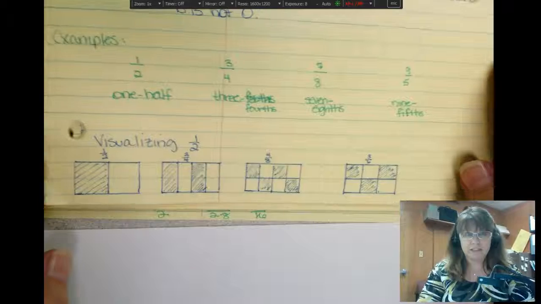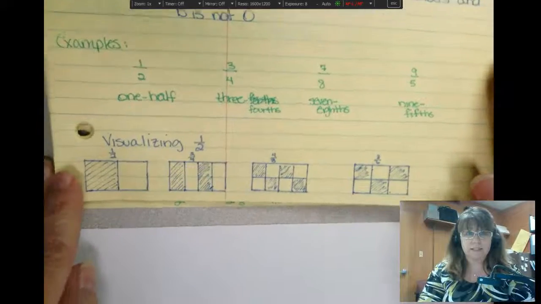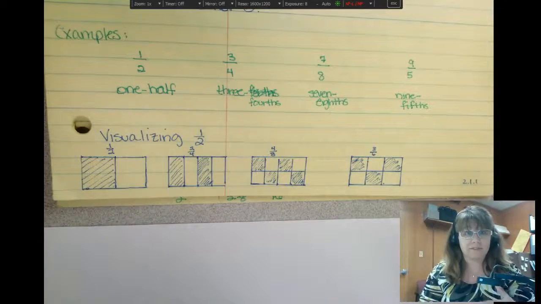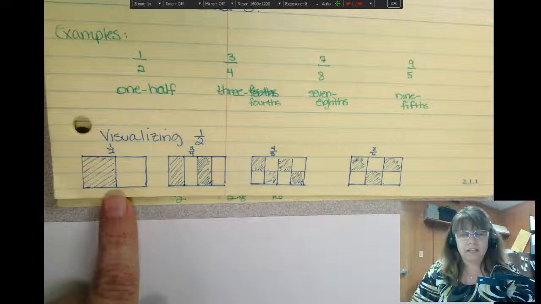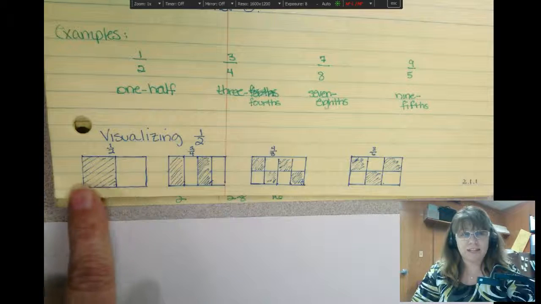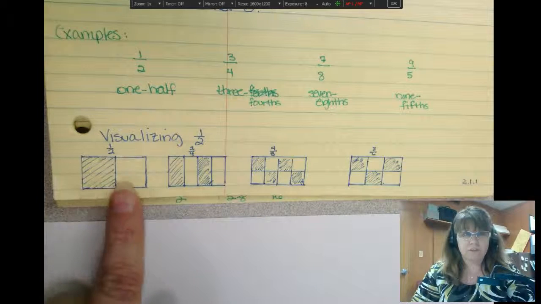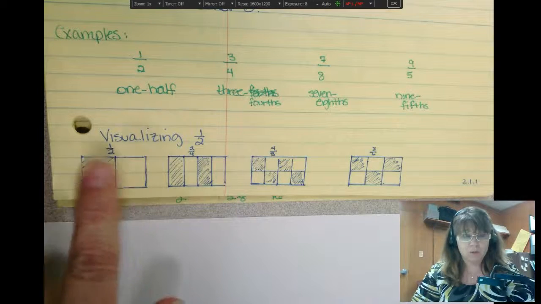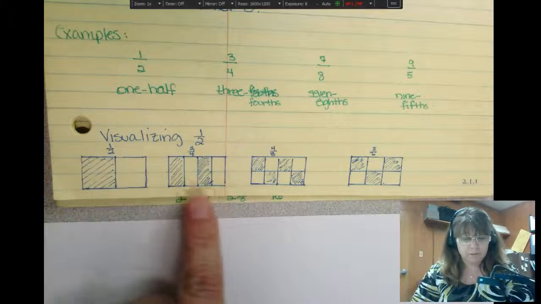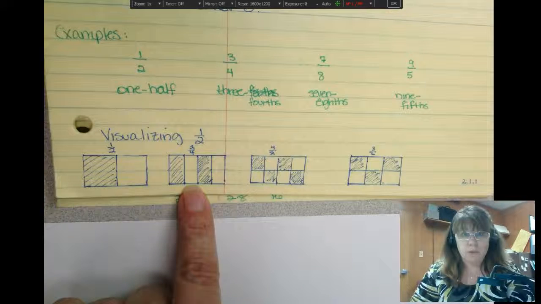Now, if we want to take a look at what it is to be 1/2 of something, we're going to visualize it. Here I have a rectangle and I have shaded half of the rectangle. This is 1/2. Out of the 2 spots, one is shaded. Here, my rectangle is divided into 4 sections and I've still shaded in half of my shape.